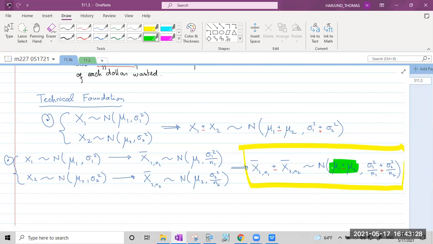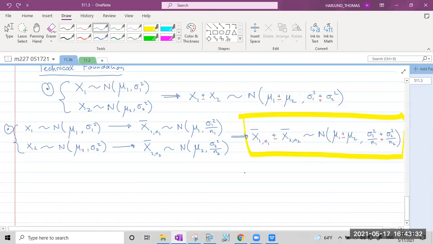Let me write down the formula again for the test statistic. The test statistic is supposed to be z equals x1 bar minus x2 bar minus (mu1 minus mu2), over the square root of sigma 1 squared over n1 plus sigma 2 squared over n2. That's what's supposed to be.